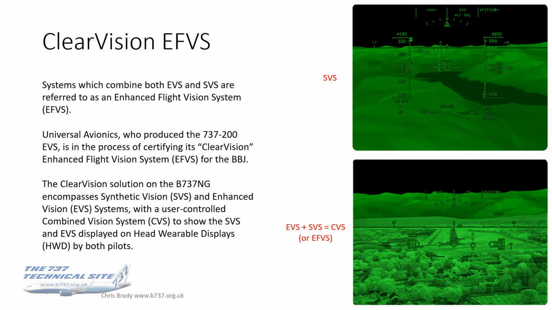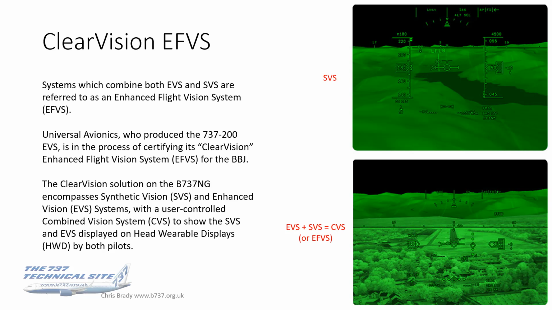Now, the systems which combine both EVS, Enhanced Vision System, and Synthetic Vision System are referred to as an Enhanced Flight Vision System. There are actually a couple of different definitions of EFVS. This is the one I'm going with.